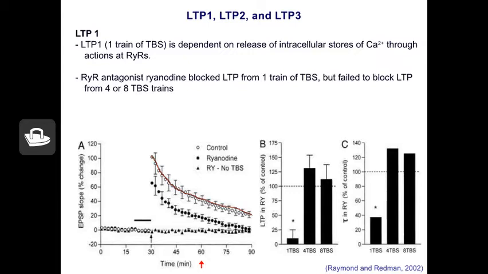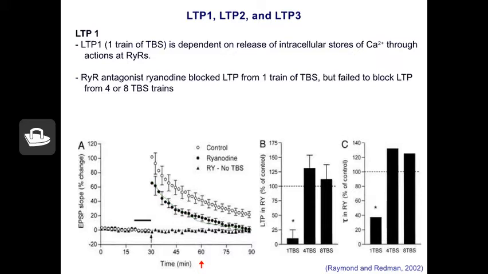And then, when they blocked ryanodine receptors with ryanodine, shown in the closed circles, they impaired this form of LTP, decreasing both the magnitude, measured as the area under the curve, and the duration of the potentiation.